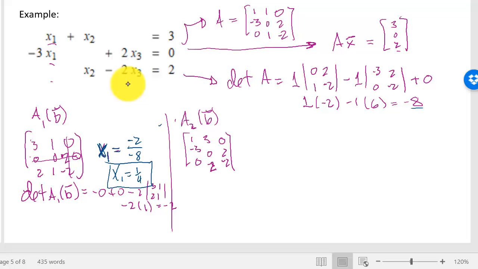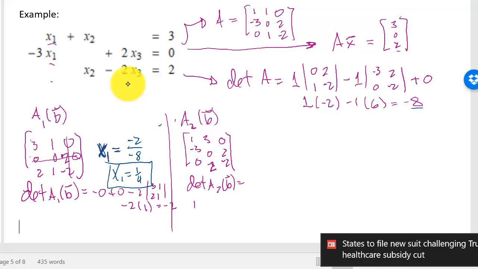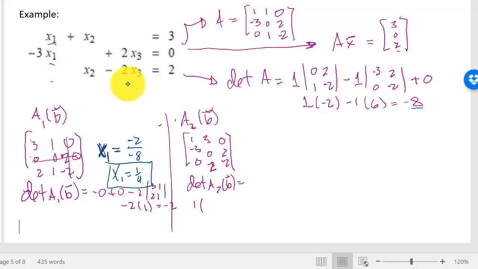We have the determinant of A2 of B is going to equal 1 times the determinant of the submatrix 0, 2, 2, negative 2, minus 3 times the submatrix 2, 0, negative 2, 0 for our last term.